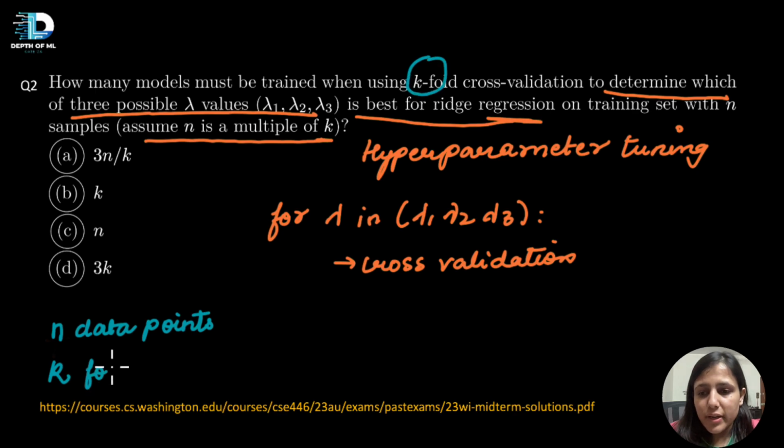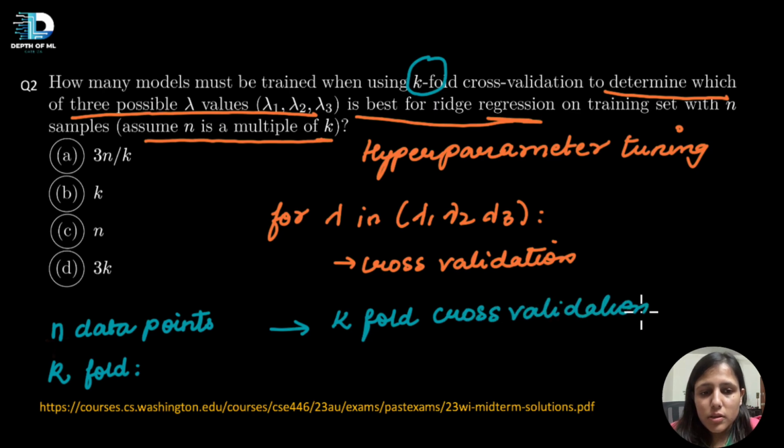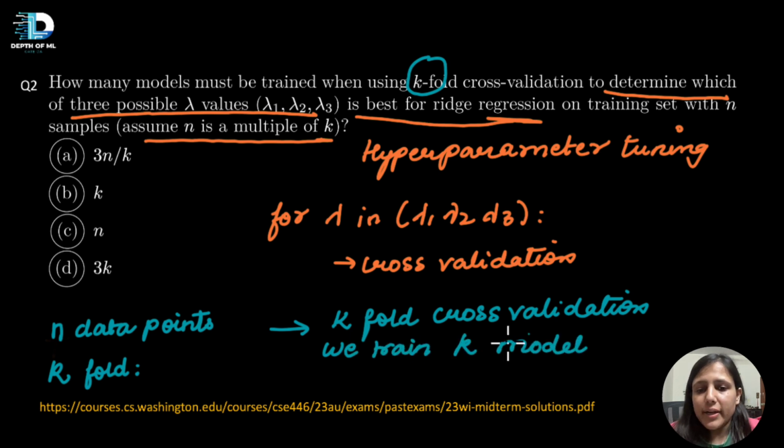And we know that in k-fold cross validation we train k models. So one iteration will train k models. I will write it with a different pen so it's visible. So this is k models.